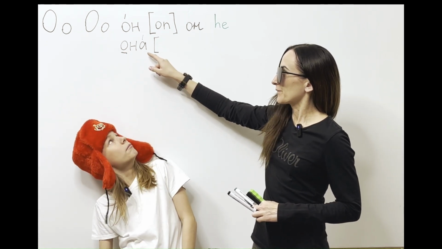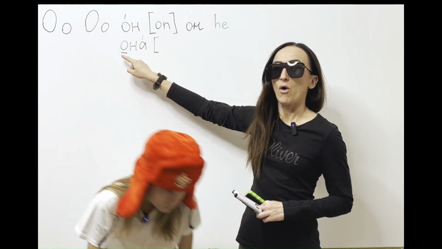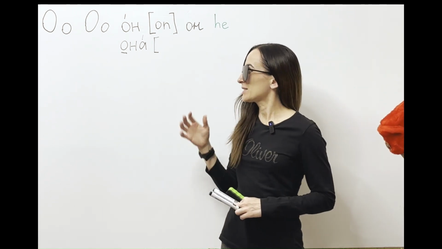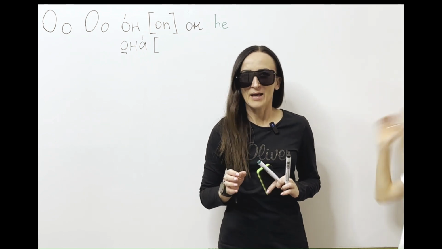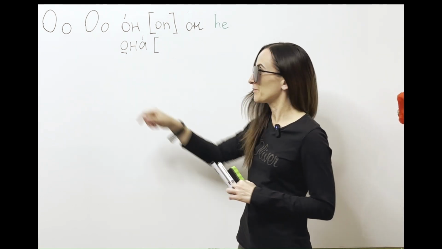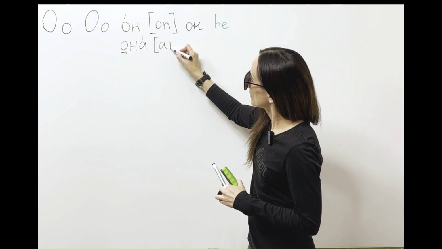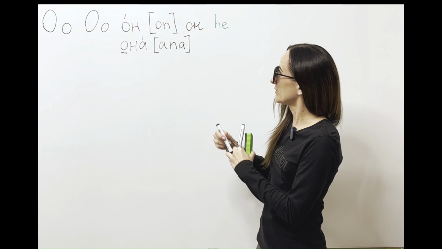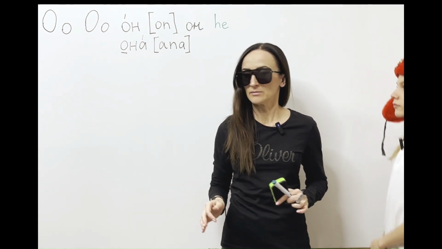That's why when we say "Anna", it's not this proper O. It's something between O or A or E. Not very clear what this sound is. I will write it the way you hear it when we say Anna. Nobody says "Ona".